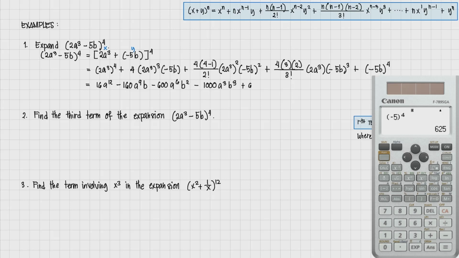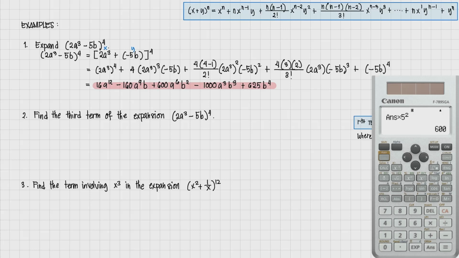Positive 625 times b raised to 4. Okay, so that's your expanded term. So highlight lang natin. Okay, I think we missed something. In our third term, you have here quantity negative 5 raised to 2. So this is supposed to be positive. So positive natin yan. Okay, I think we missed that one.